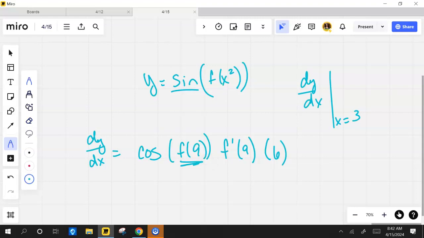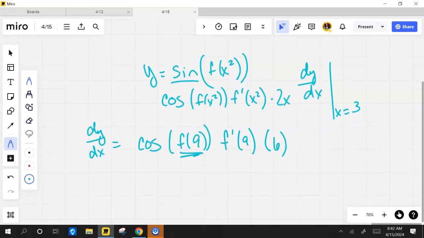If I'm doing it this way, then I do cosine f of x squared, derivative of f, but then I have to chain that x with a 2. And so I ended up with... what'd y'all do, leave the 6 off?